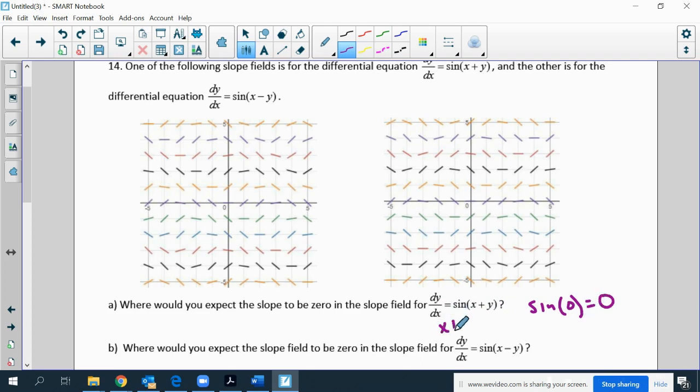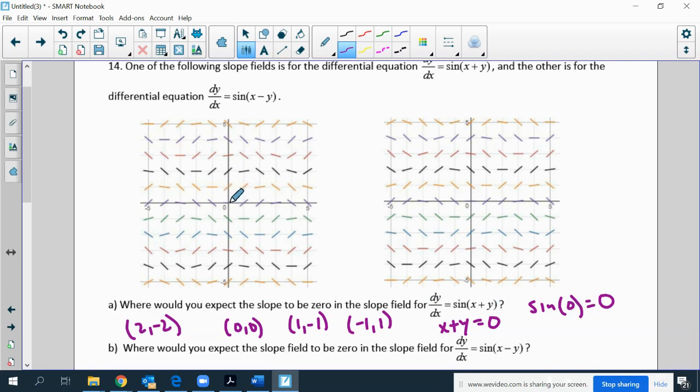So that would mean everywhere x plus y is equal to 0. So if I look for situations where x plus y equals 0, that would be at 0, 0. That would be at 1, -1, -1, 1, 2, -2. Those would all be situations where sine of x plus y is sine of 0.